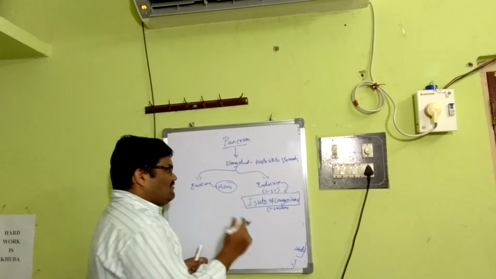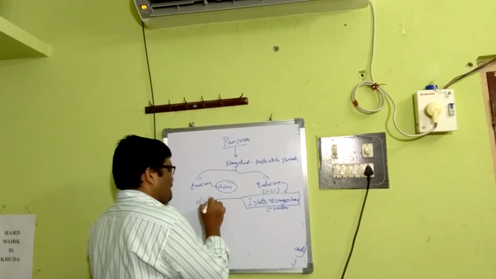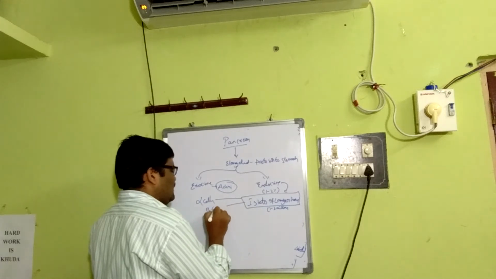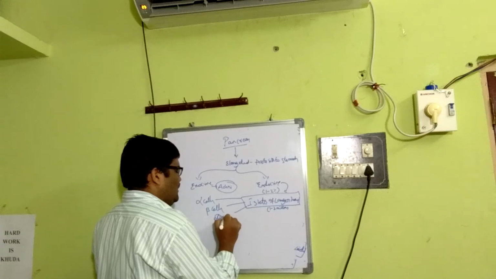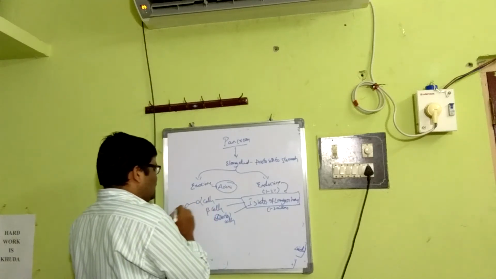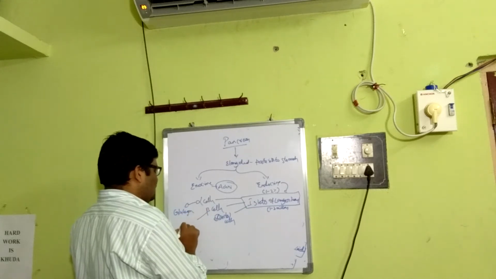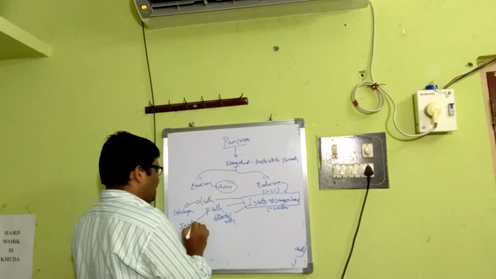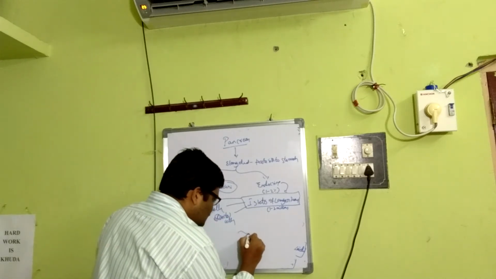Here, islets of Langerhans again consist of different cells like alpha cells, beta cells, and delta cells. Alpha cells majorly release glucagon. Beta cells release insulin.